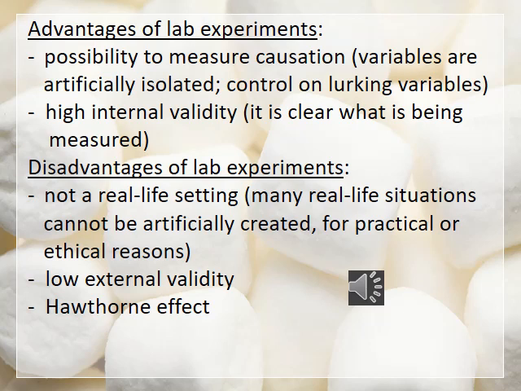You remember what valid means from Methods 1? Validity means you really measure well what you have to measure. So in a lab experiment, it's easier to measure your variables because you are in total control of what's going on. But there are some disadvantages as well.